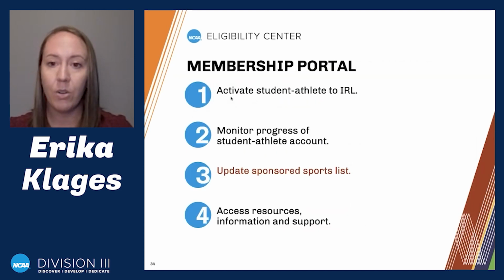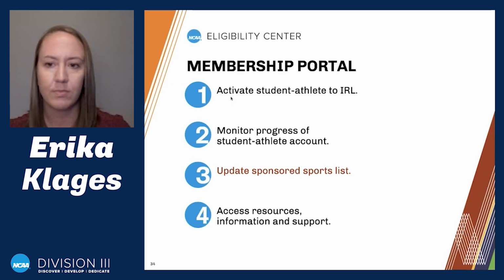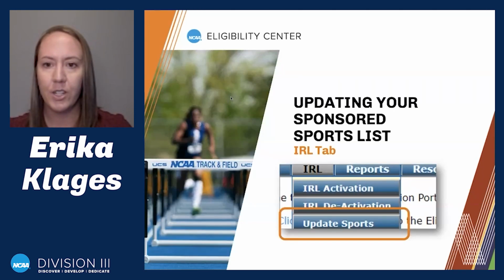So next, we are going to talk about how to update your sponsored sports list. Here you're going to go back to your IRL tab, and in there hit the Update Sports option.